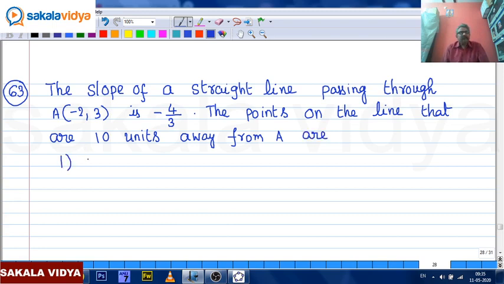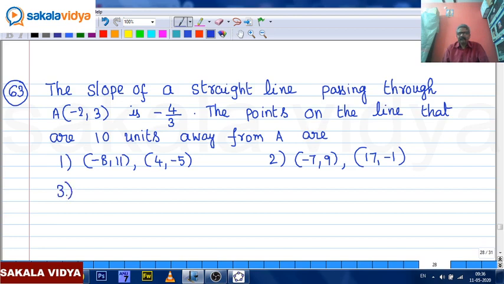First option: minus 8 comma 11, 4 comma minus 5. Second option: minus 7 comma 9, 17 comma minus 1.